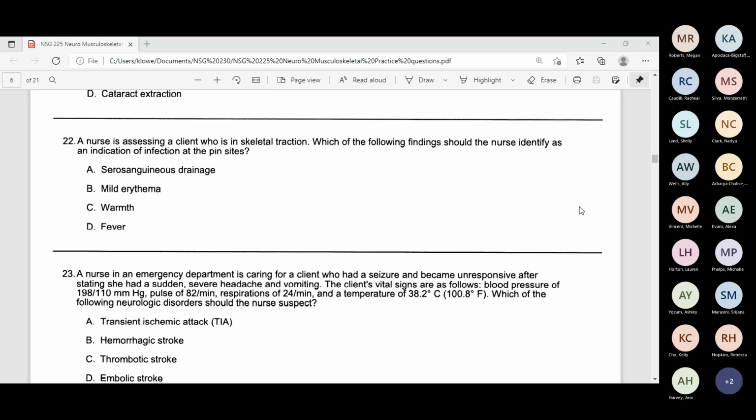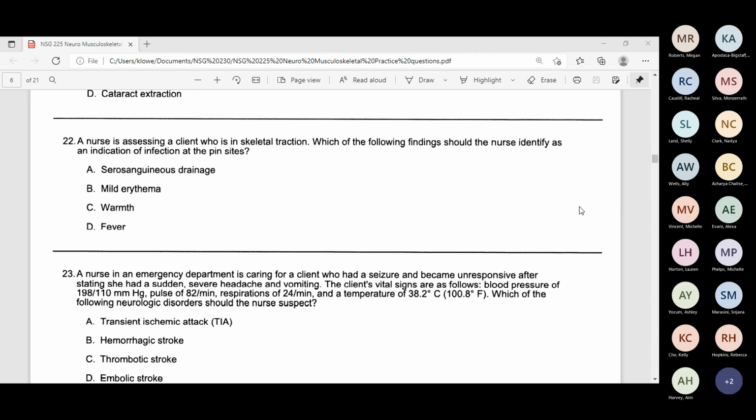Do you think serosanguinous drainage would be normal? Yeah, it's normal. We think about that kind of bloody, clear. If they had any drainage, that would probably be normal. It's not purulent. Mild erythema, so they would probably have some mild bruising around where they put the skeletal traction in.